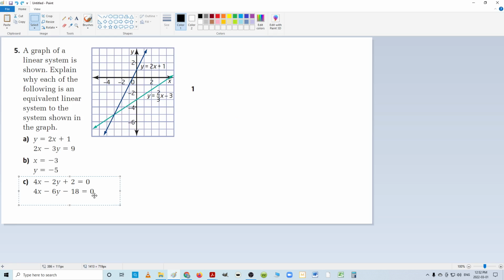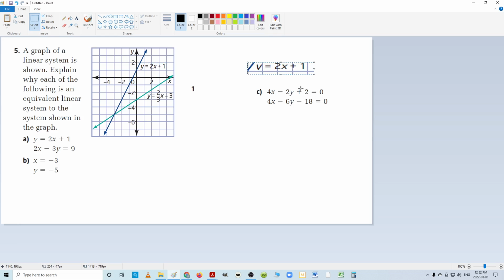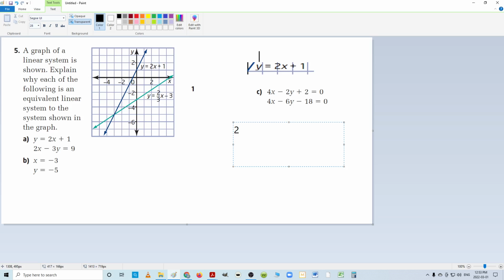And then finally, this one's the only tricky one. And you'll have to notice, okay, I don't see any comparison. But you should say, okay, well, there's a 4x here, and there's a 2x there. Let's try multiplying this whole thing by 2. So 2y is equal to 4x plus 2. I multiply everything by 2. Then notice that everything's on the same side over here.